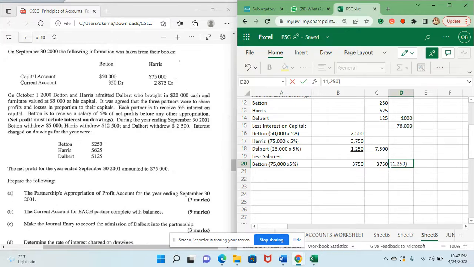Remember, these are being minus. So, right, this would be called our residual profit.